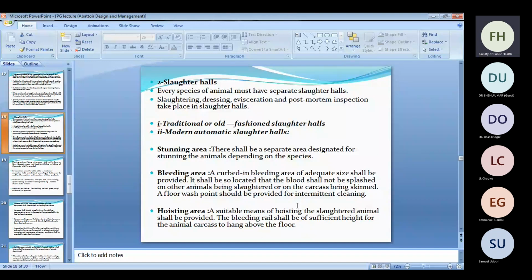A floor wash point shall be provided for intermittent cleaning of the bleeding area. The hoisting area: a stable means of hoisting the slaughter animals shall be provided. The bleeding rails shall be of sufficient height for the animal carcass to be hanged above the floor.